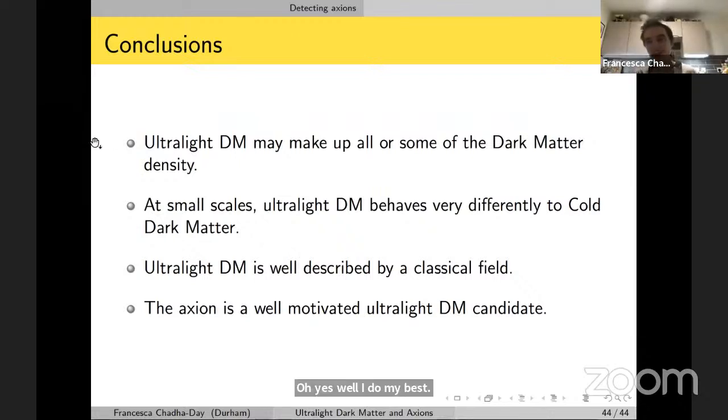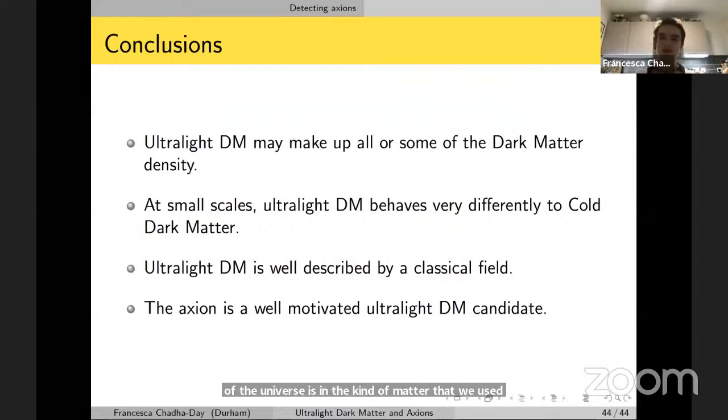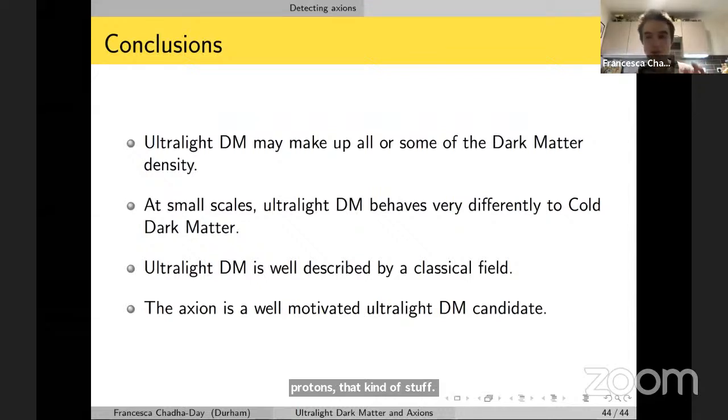Okay. So we think that actually only about 5% of the energy of the universe is in the kind of matter that we're used to from our everyday experiences. So electrons, protons, that kind of stuff, baryonic matter, we call it. Now, the rest is made up of dark matter and dark energy. 25% of the energy density of the universe is in dark matter.